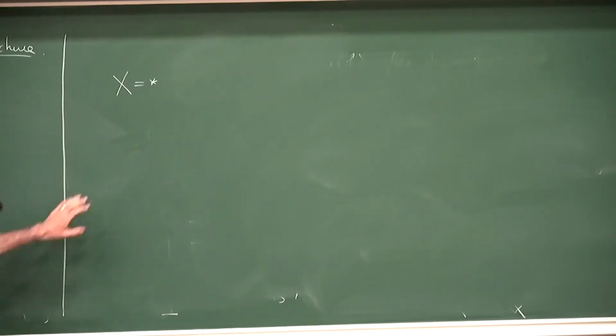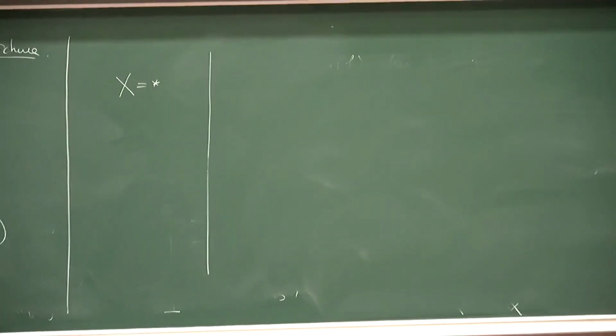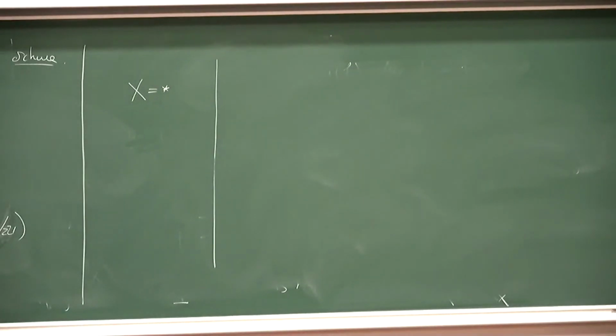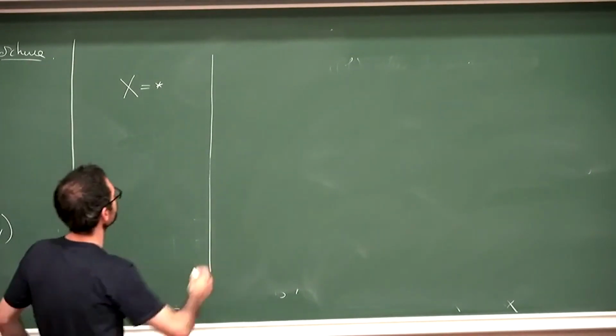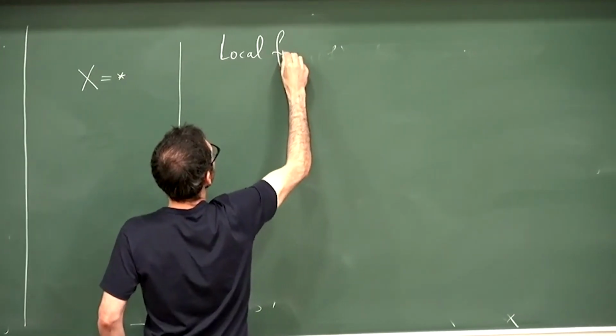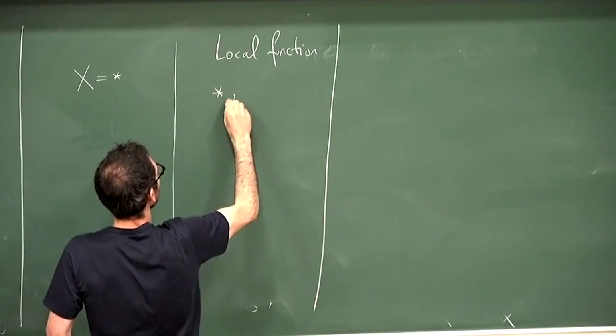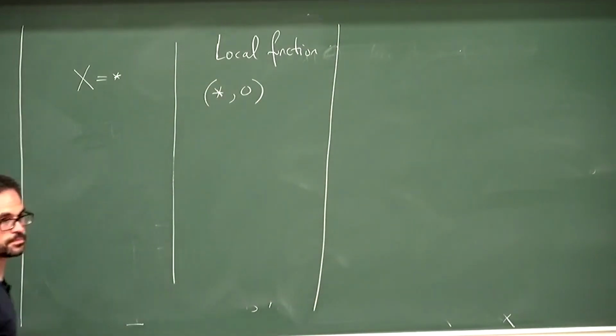So let me tell you the simplest example and why you already see 2 orientations showing up. If X is a point, the simplest example, and I want to write the point as a derived critical locus of a function, I can write the point with the function 0. Not much going on here.